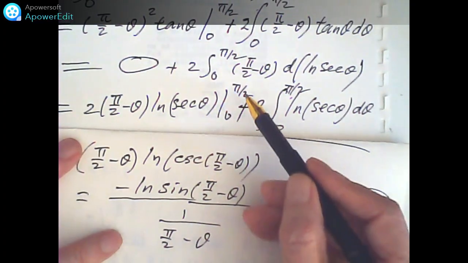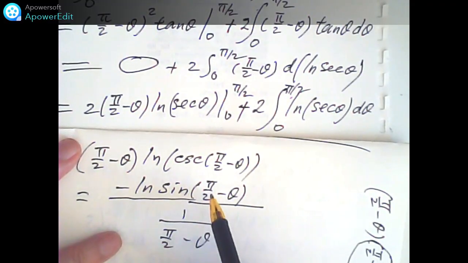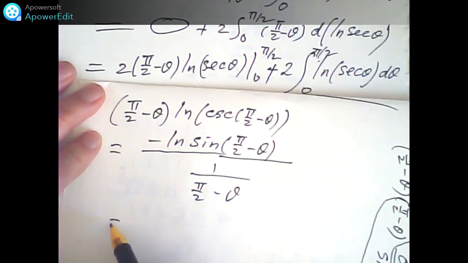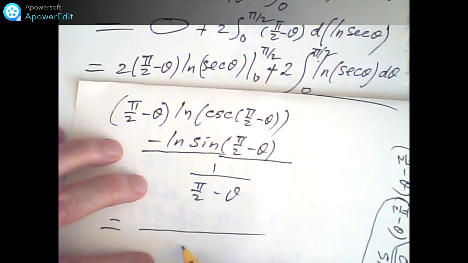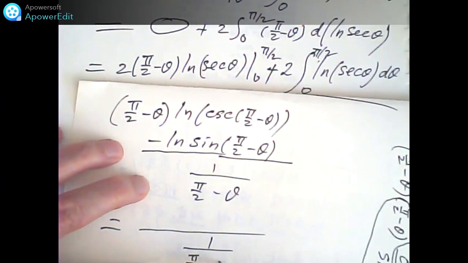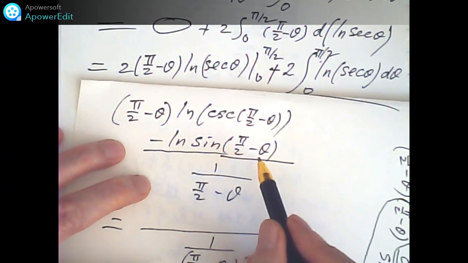So I'm doing all this because I want to create the condition for L'Hopital's rule. Now, when theta is approaching half pi, this is approaching 0. Log 0 is infinity. This is also infinity. Now I can use L'Hopital's rule, right? So with L'Hopital's rule, this becomes 1 over half pi minus theta squared.